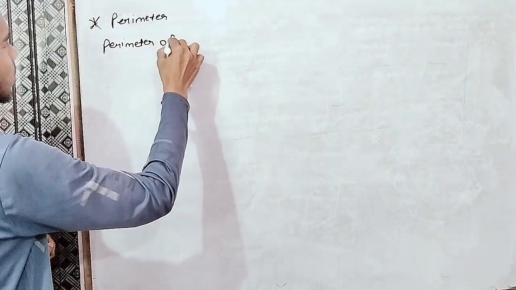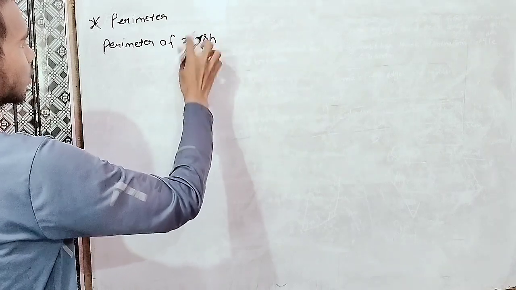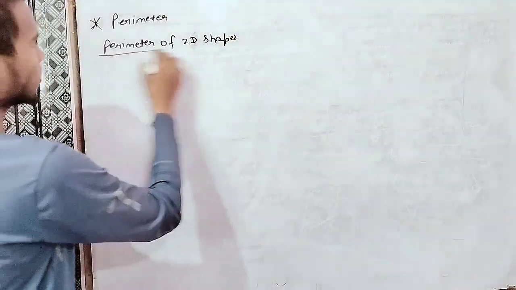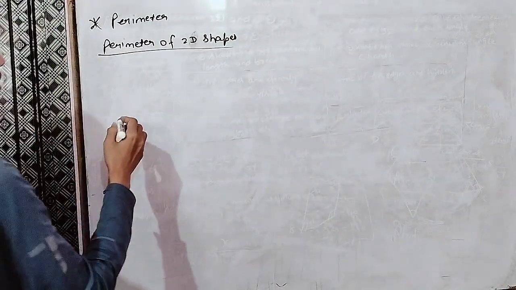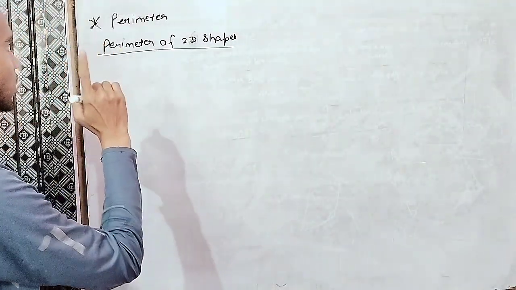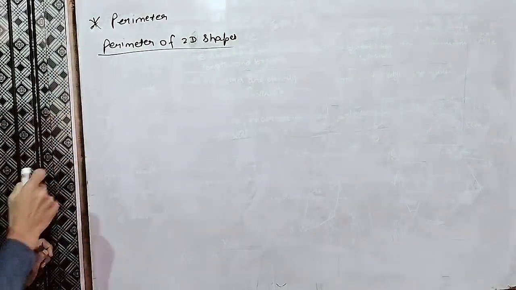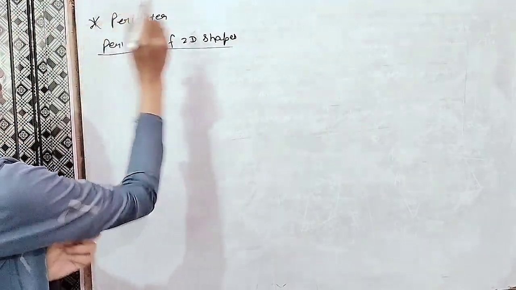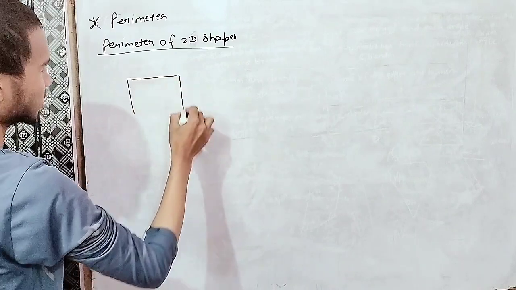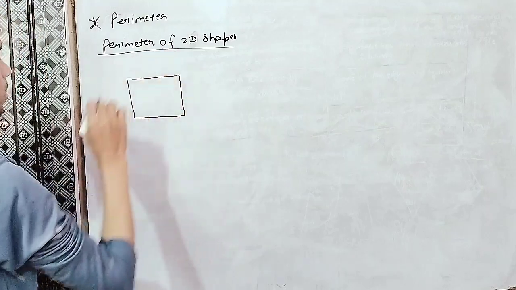Perimeter of 2D shapes. Okay. Perimeter of a 2D shape. We are going to take an example of the perimeter of a 2D shape, which would be, for example, a square. A square is an example of a 2D shape.